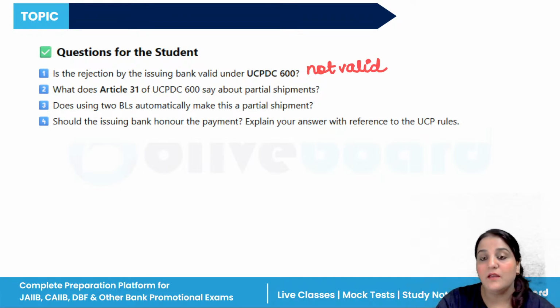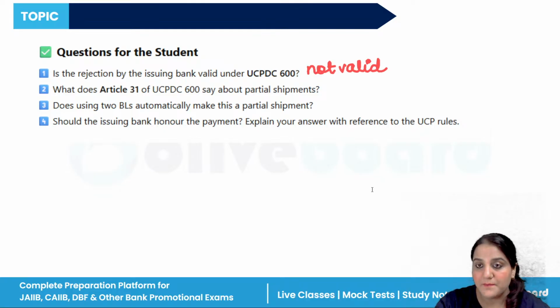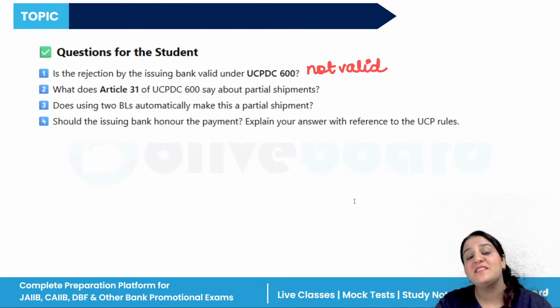See, here basically UCPDC Article 31 is saying, if any presentation consists of more than one set of transport documents evidencing that shipment is on the same means of conveyance and in the same journey, it is not considered as a partial shipment, even if the transport documents indicate different dates of shipment.